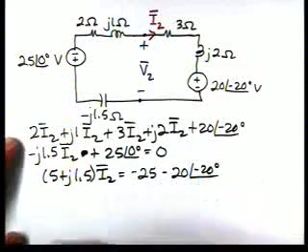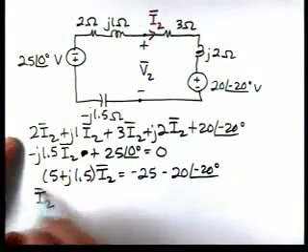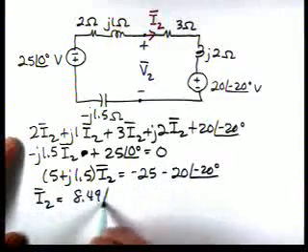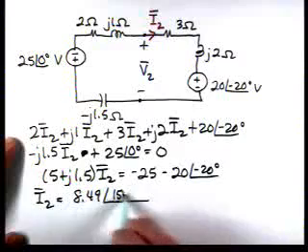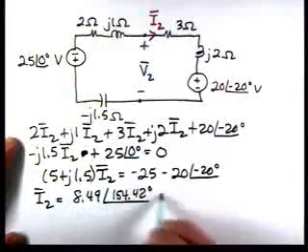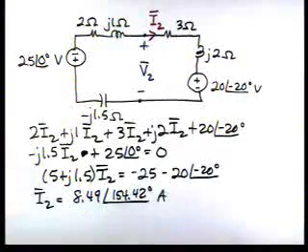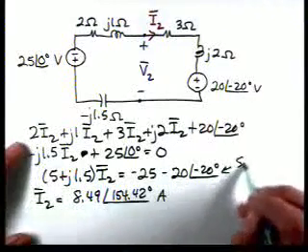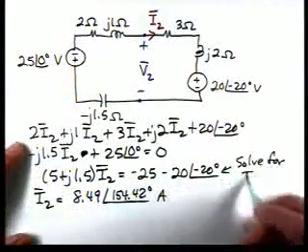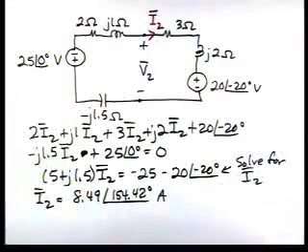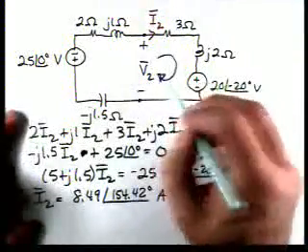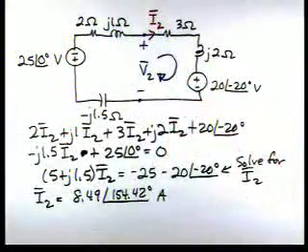So if we solve this for I2, it turns out to be 8.49 at an angle of 154.42 degrees. So we solve this equation for I2. Now, for V2, we can take KVL around this loop.